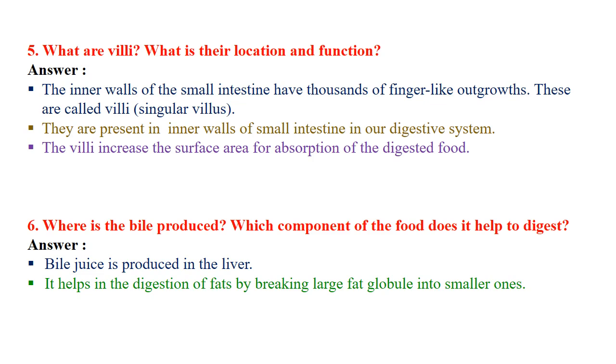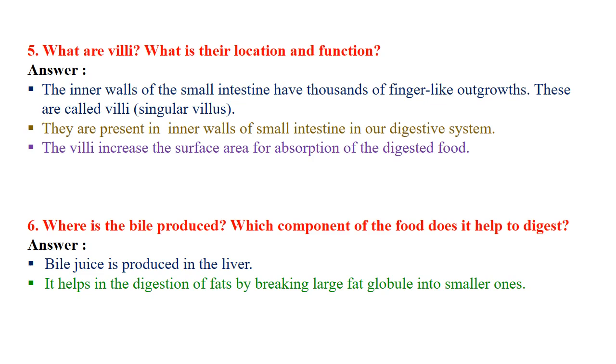Next, what is their location? Where are they actually situated? They are present in the inner walls of the small intestine in our digestive system. You have to remember this. Next, what is their function? The villi increase the surface area for absorption of the digested food.